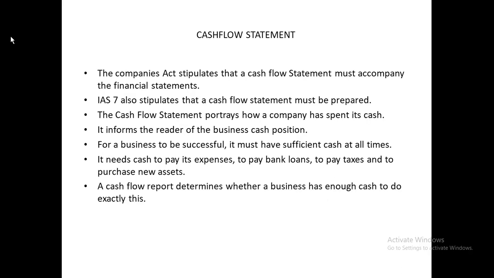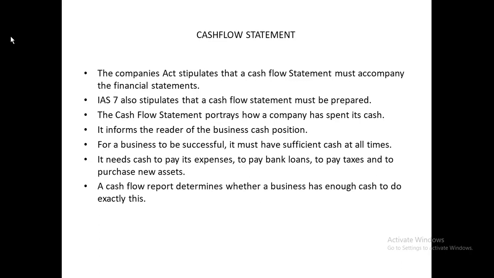The Companies Act stipulates that each financial statement must be accompanied by the cash flow statement. The cash flow statement needs to be prepared and must accompany the financial statement.